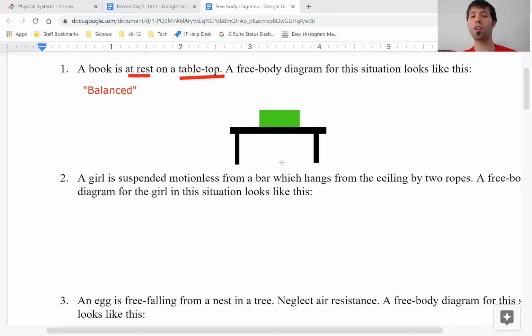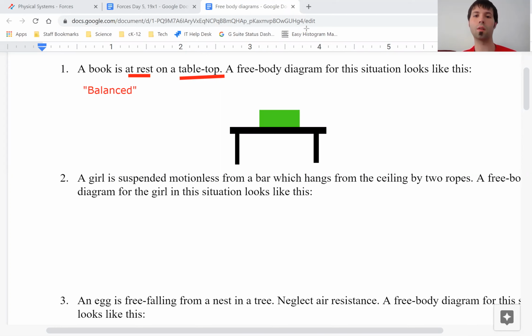Now as the diagram is right now, we could leave it alone like this if our book was in space, but our book's not in space. So there are definitely some forces acting on this book. Let's think about what forces. The first force, the really easy force that's going to be on almost every single diagram you do, is the force of, hopefully you guys have got it now, gravity.